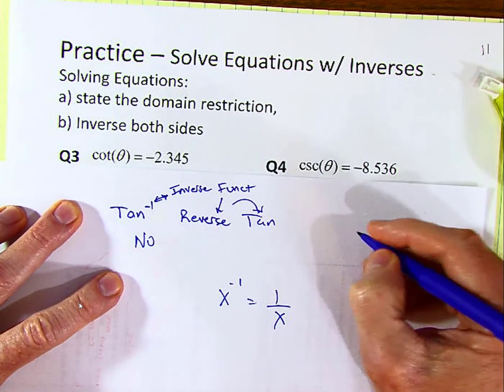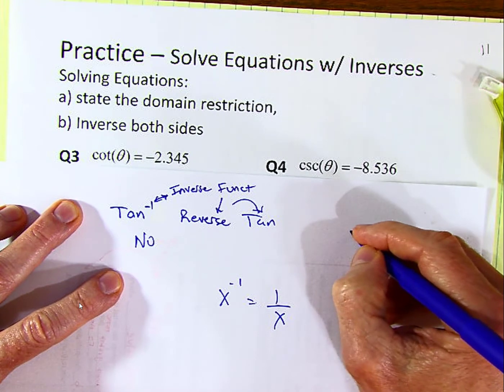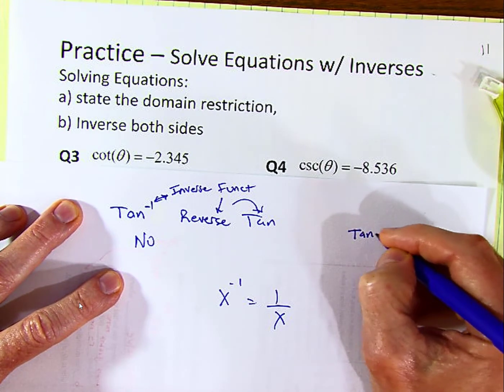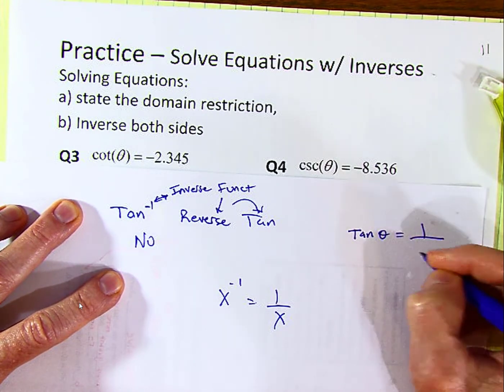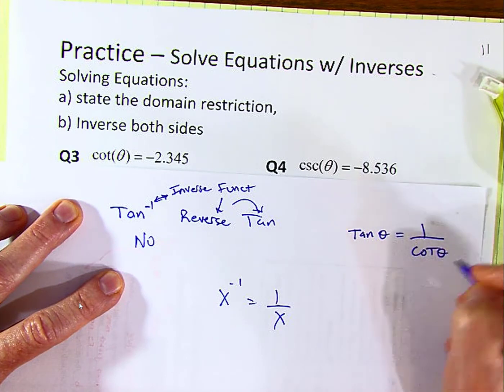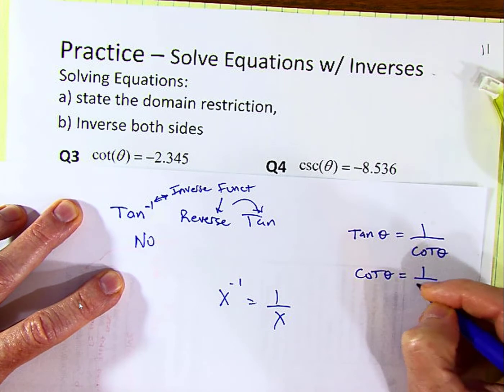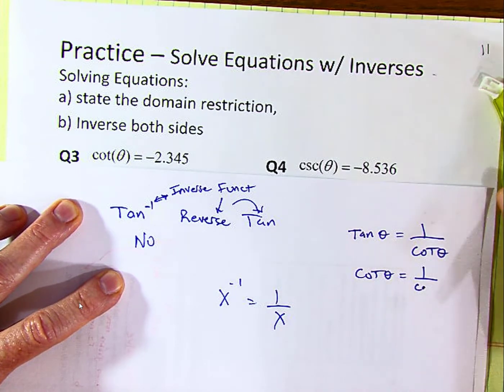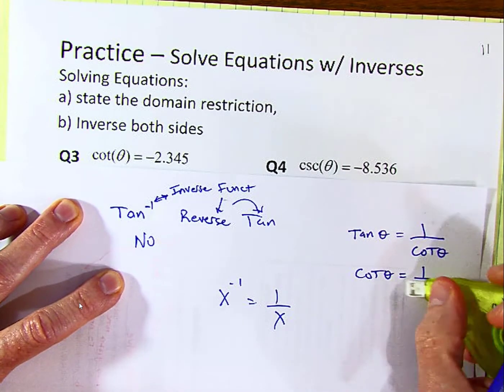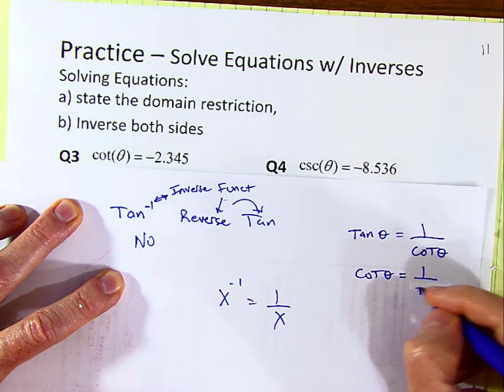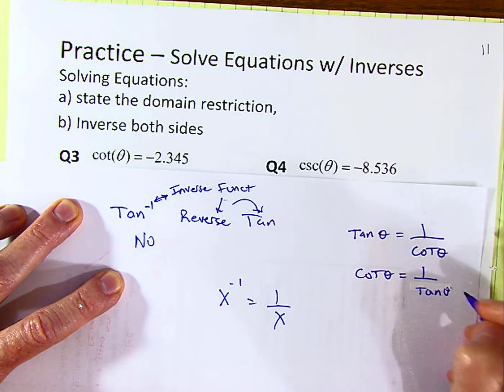It is true that the reciprocal of tangent is cotangent and vice versa. But this is exponents, not inverse functions. So don't confuse these two ideas together.